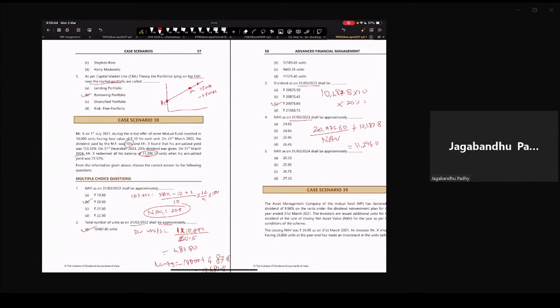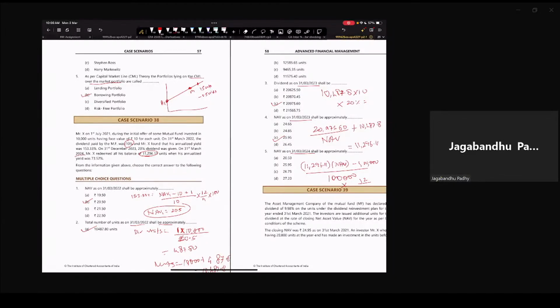Then one last thing. As on 31st March 2024, what will be the NAV? That will be 11,296.11 into the NAV as on that date, minus the initial investment of 1 lakh, upon 1 lakh, multiplied by, how many months do we have?